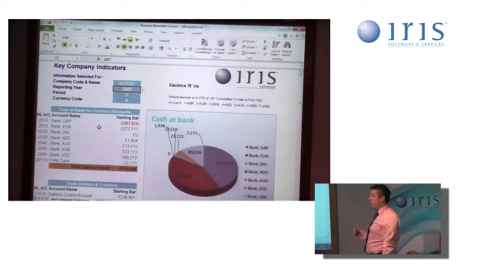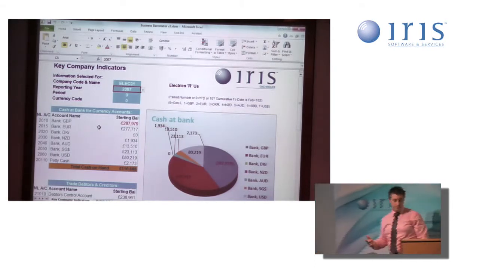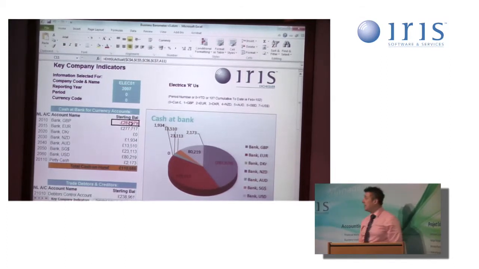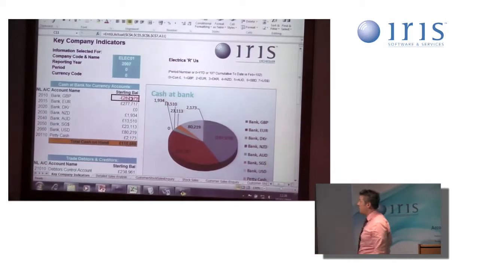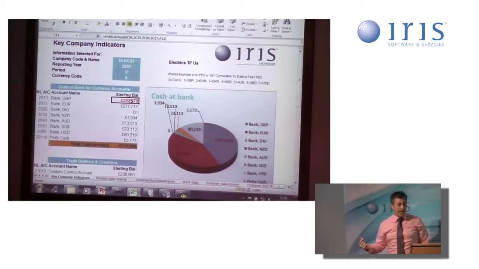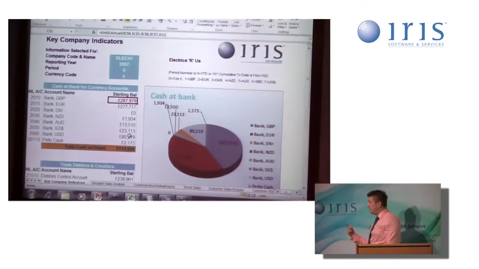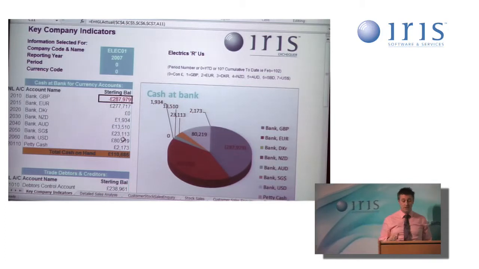Most of it's very simple, but in actual fact what it gives us is a lot of excellent information. First of all, we're looking at our cash at our banks in our sterling currency. And we mentioned earlier on, first line for reporting. Well, here we can see straight away, by designing the report, that my sterling bank account is in the red. I might need to have a look at that.